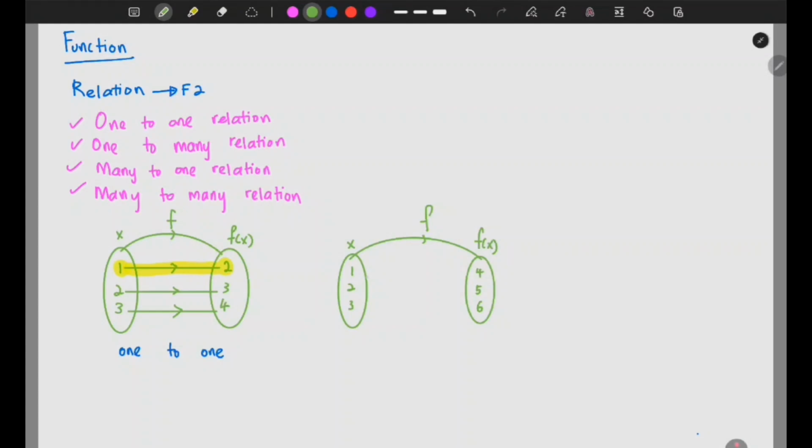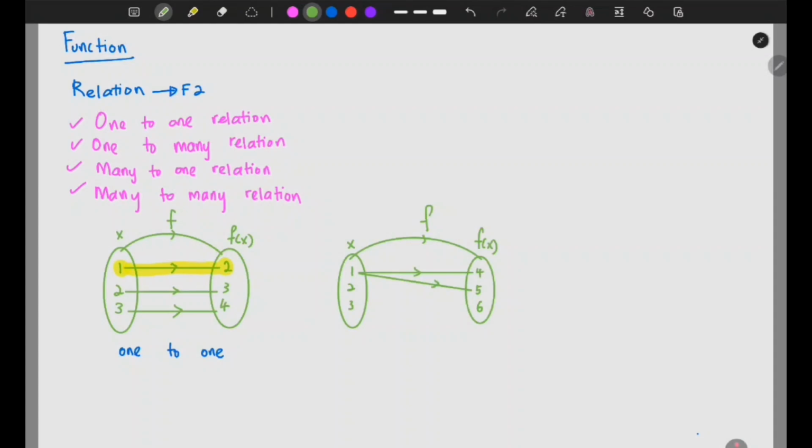One to many means, for example, 1 becoming 4. The 2 is also becoming 4. That's 1 to many. Sorry, I'm reversed, my bad. The 1 can become 5. 1 to 4 and 1 to 5.